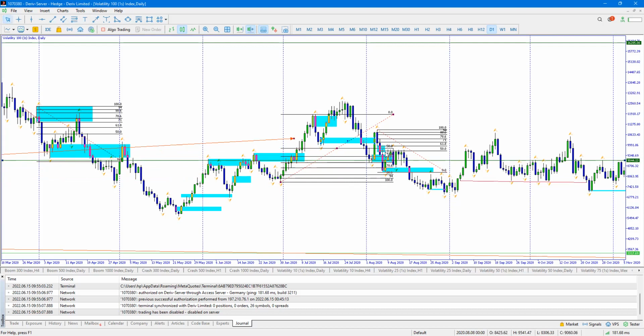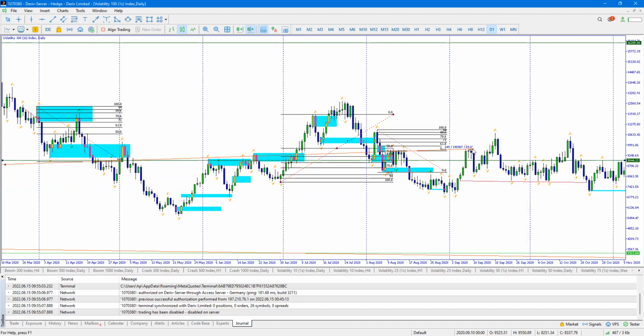That's the imbalance. Price came back to fill this imbalance, played around that zone and created a new low. And of course, price created a new high and then came down again to create a new high.